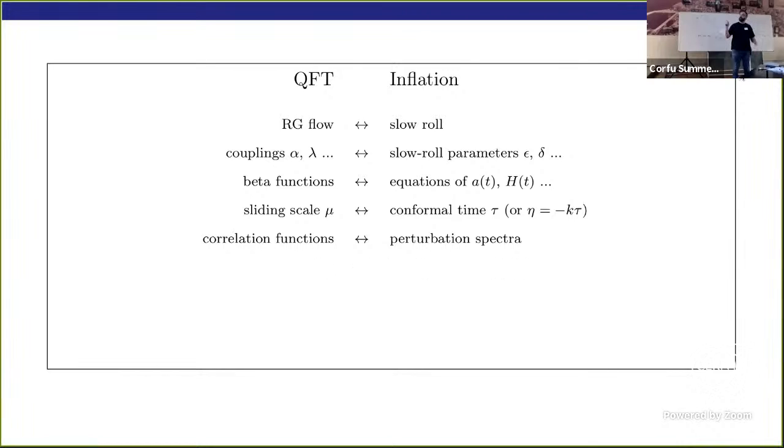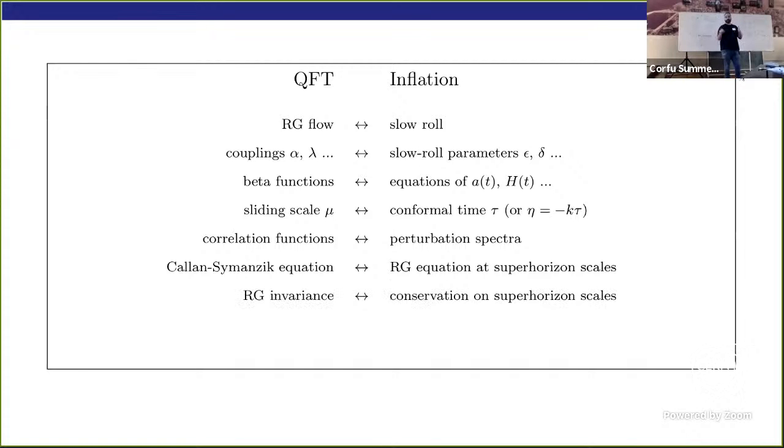The correlation functions in quantum field theory correspond to the power spectrum in inflation. The analog of the Callan-Symanzik equation will be a specific RG equation which is valid in the super horizon limit, and the equivalent of RG invariance in quantum field theory will be conservation of the power spectrum on super horizon scales.